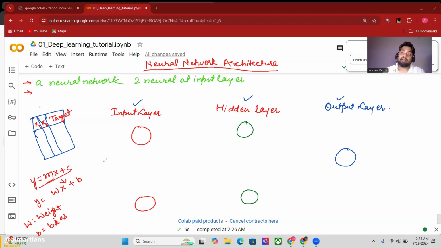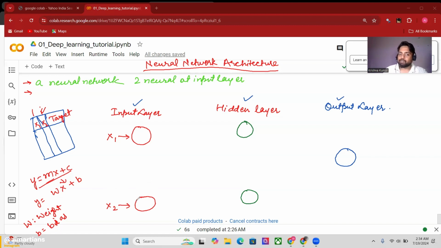Initially, see, in this data set we have two feature columns, right? Each feature column will pass to an input layer neuron, and the other feature column, meaning the whole data at once, will pass to the second input neuron. So keep this in mind.